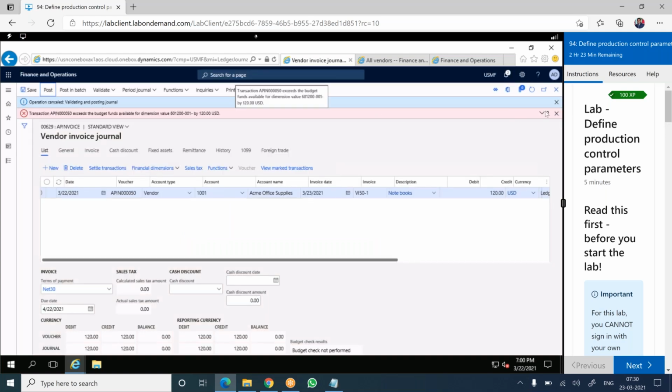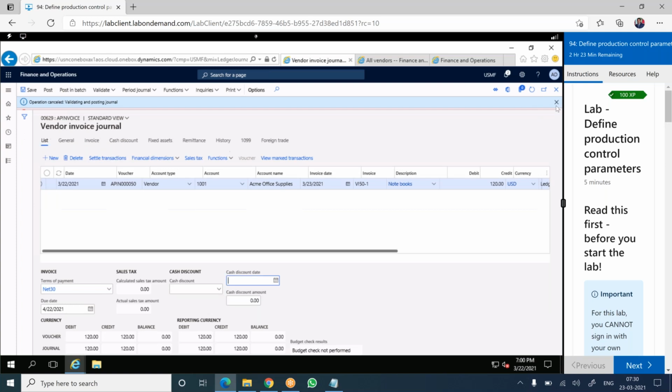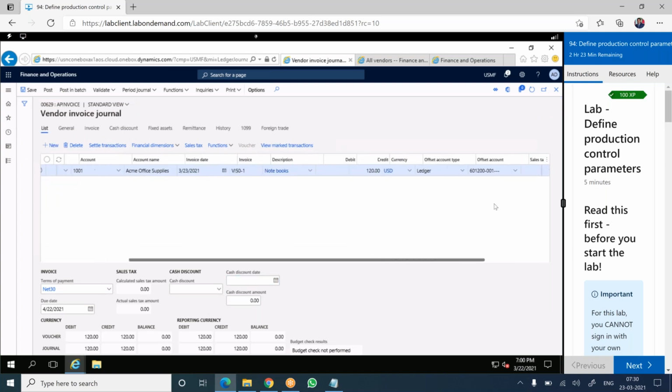Let me verify. Actually, there is an approver that is not selected. Okay, it is budget funds. There are budget funds available, that is the reason it is telling. I don't want you to go with that budgeting, we'll discuss that later. Normal 606300, that you will understand later.